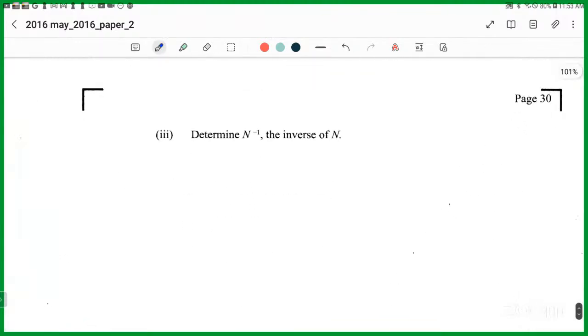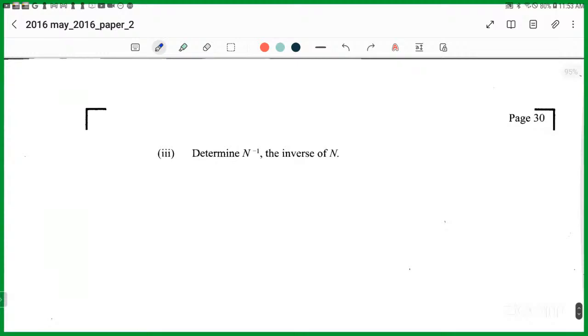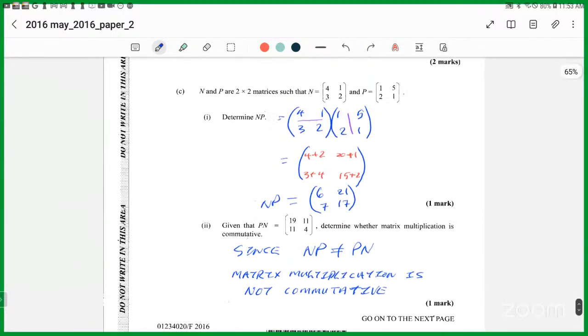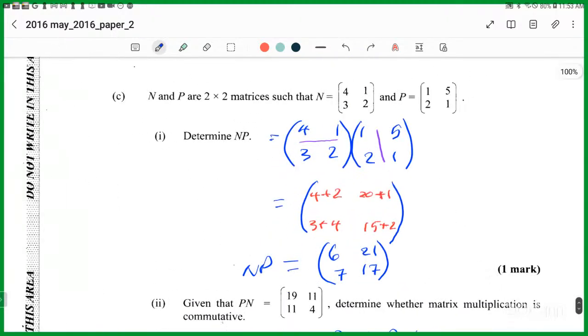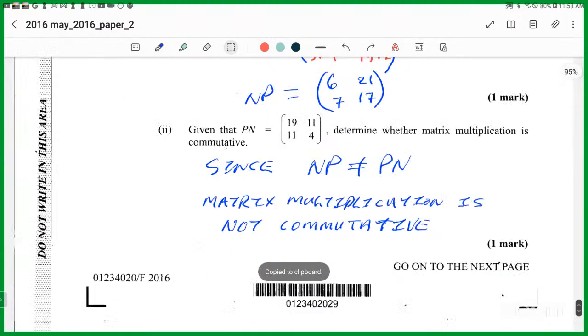Yes, they want us to find the inverse of N. Let's write down what N is again. We have it right here, just copy this one down. This is our N. Now let's calculate the inverse of it.